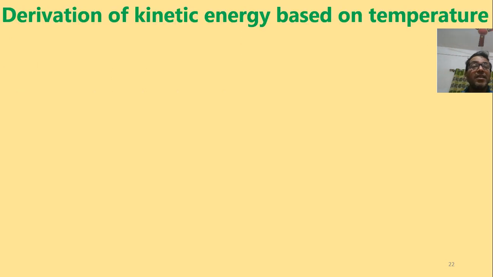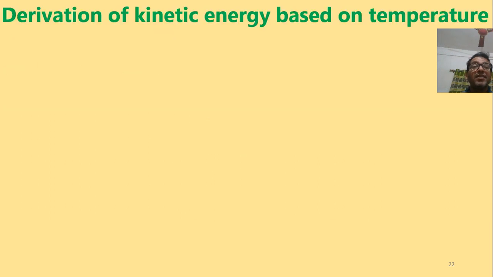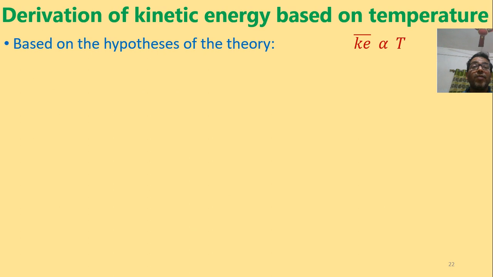Now here comes the derivation of kinetic energy based on temperature. This is the fundamental equation we got: PV is equal to 1/3 m N u square bar. Now we go to kinetic energy. From the postulates of the kinetic theory of gases, the kinetic energy is directly proportional to the temperature in Kelvin.